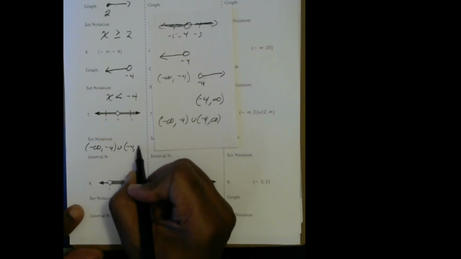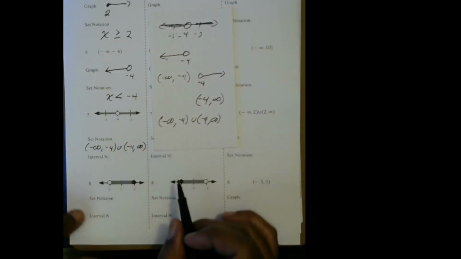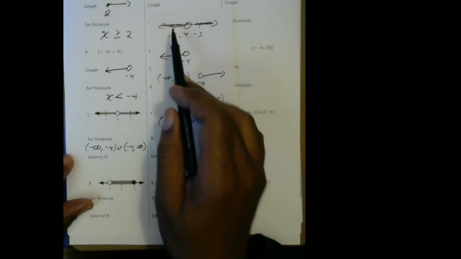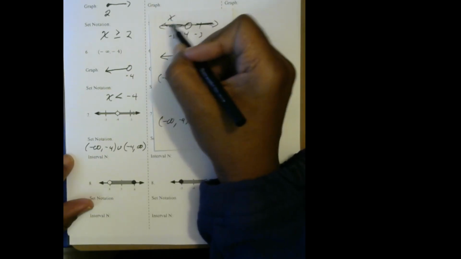So let's put that in for interval notation. Negative infinity to negative 4, unioned with, let's pull this up a little bit, negative 4 to positive infinity. Finish. Now the set notation for this portion right here, this will be x, and then we'll use this right here, is less than negative 4.